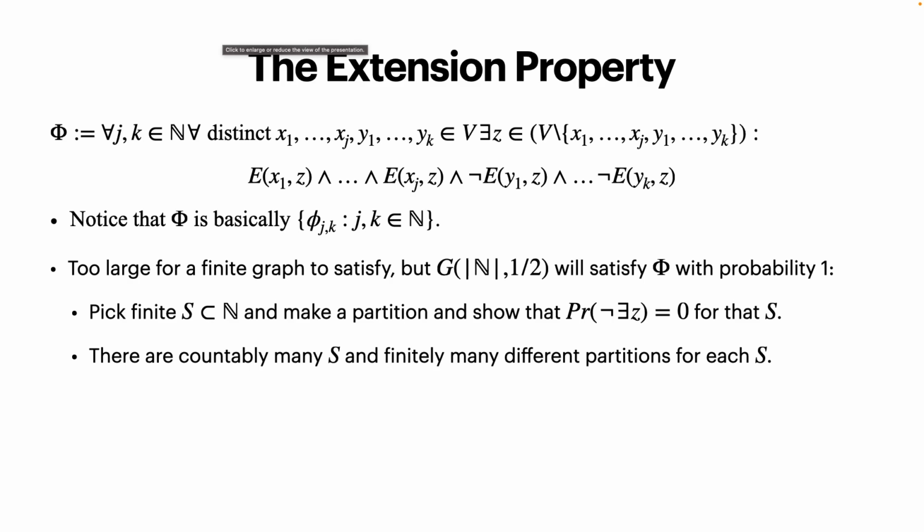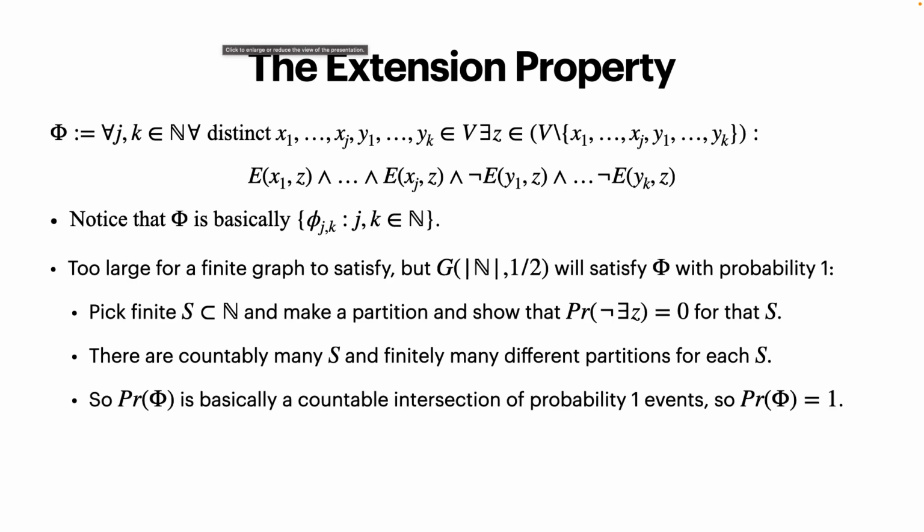You use a similar argument, and notice that the probability of capital Phi is basically a countable intersection of probability 1 events, so the probability of Phi being satisfied by this countable random graph is 1.